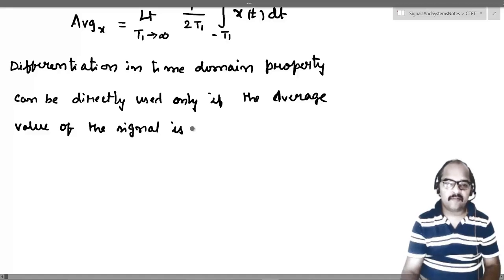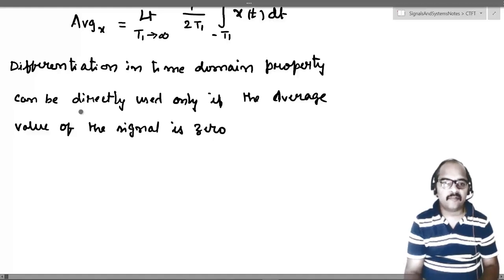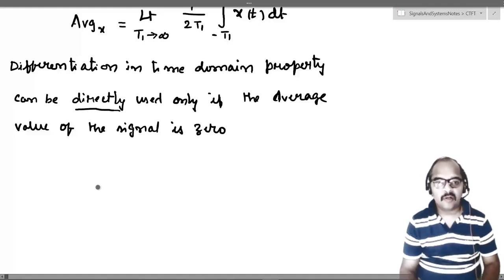Only if the average value of the signal is 0, then we can use the differentiation in time domain property directly.